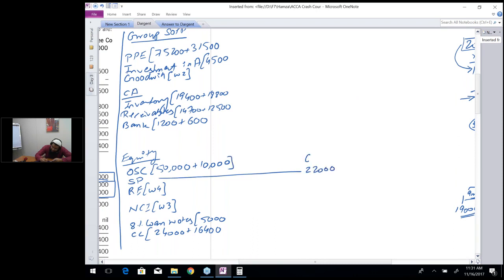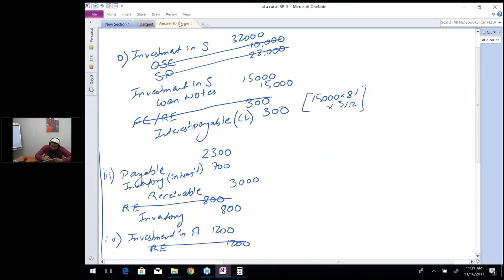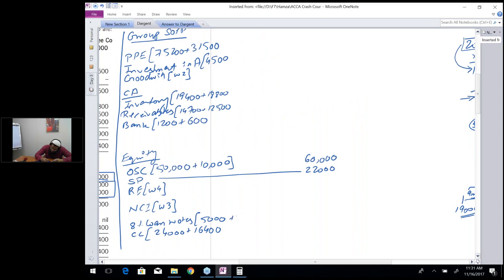So this would become 60,000 and 22,000 share premium. Similarly, we have to record interest payable of 300 and loan notes of 15,000. So for loan notes, I'm adding 15,000, and to current liabilities payable, I'm going to add 300. Now I'm just incorporating the entries into the answer.